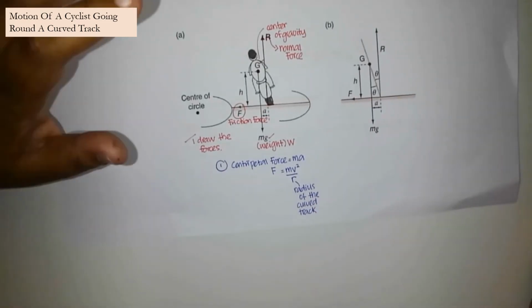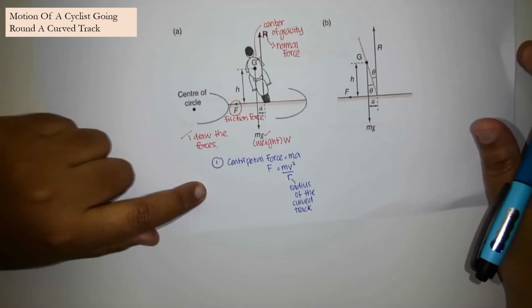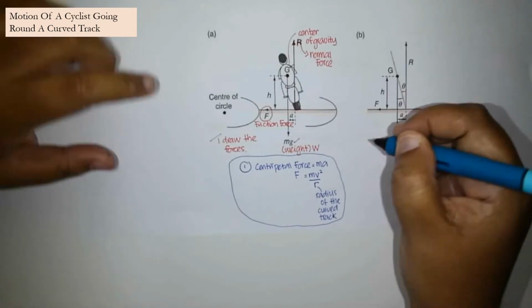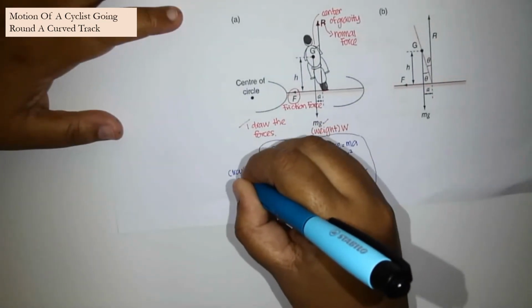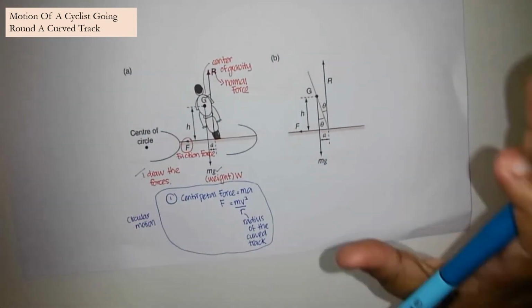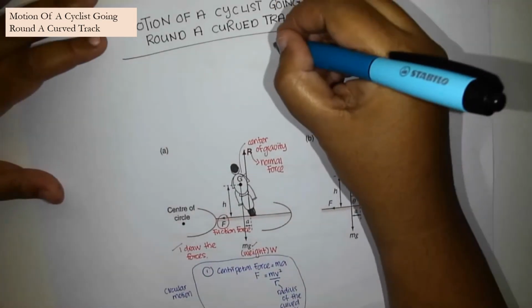Okay, so we haven't finished yet, because this is the first concept. This concept comes from the circular motion chapter. There is also another concept which we have to apply in order to study a little bit more about the motion of the cyclist, which I'm going to write down here.